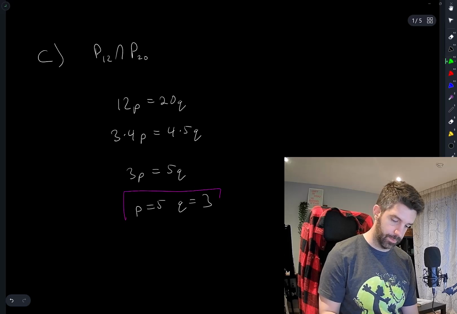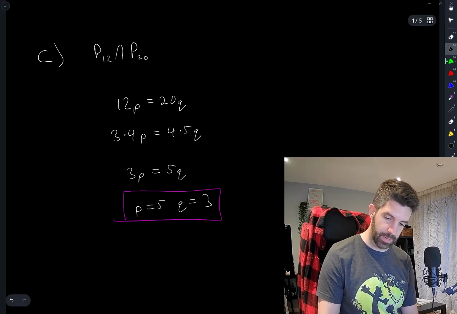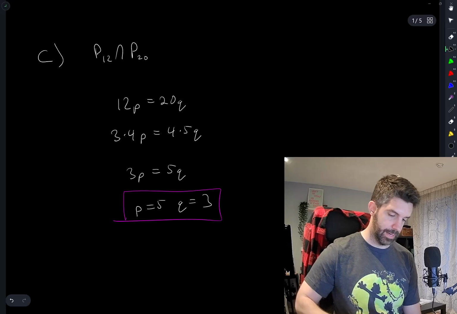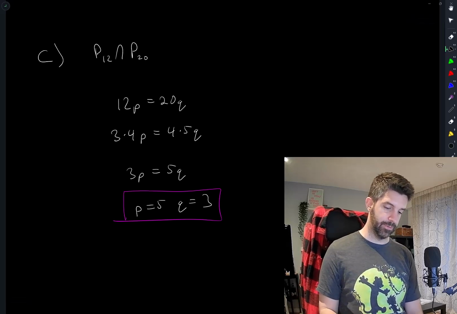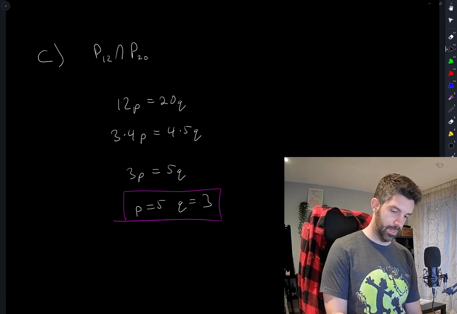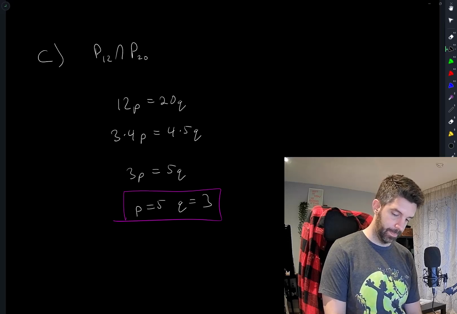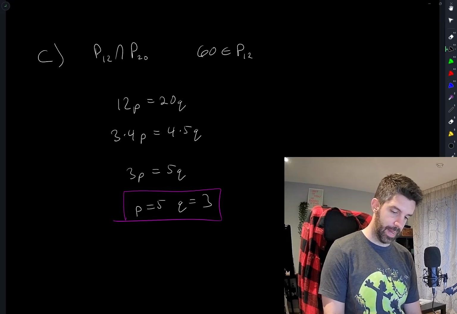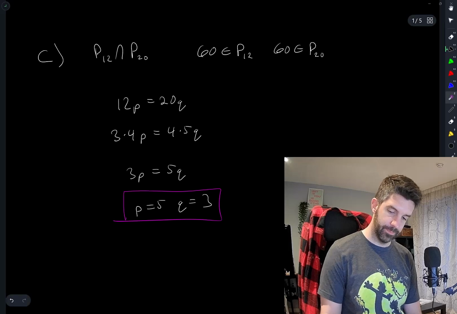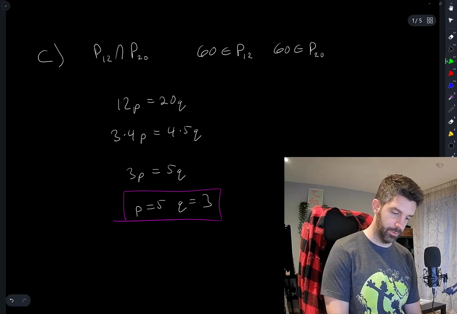So that'll work. So we can in fact find numbers that exist in both sets. I guess it's 60, right? 60 will be an element of P12, and 60 will be an element of P20. So this is the answer, C.